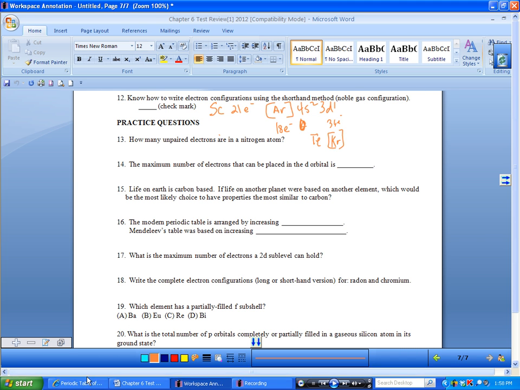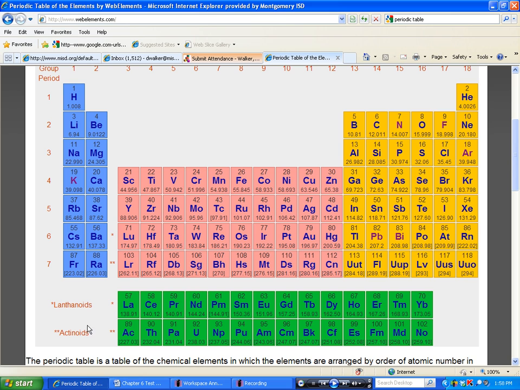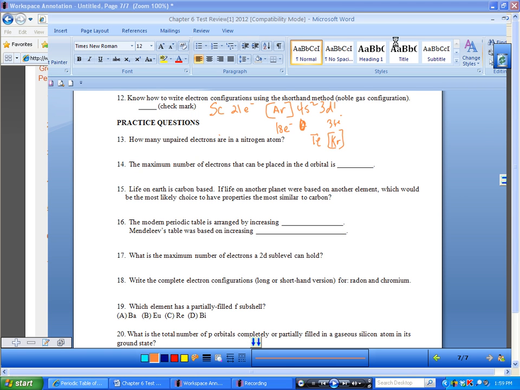If I look at the periodic table again, krypton is on 3. So I'm going to go to 4s2 and continue from there.